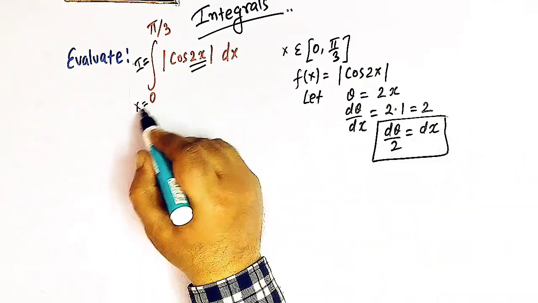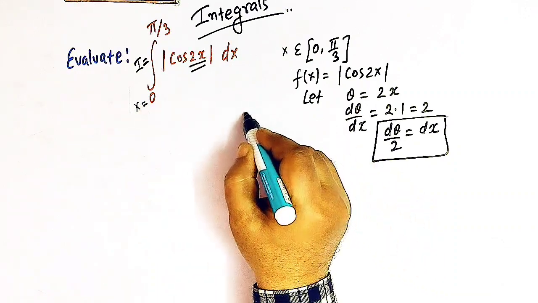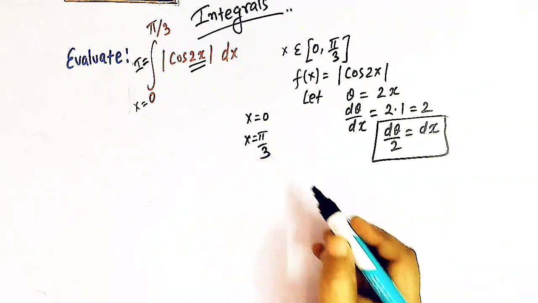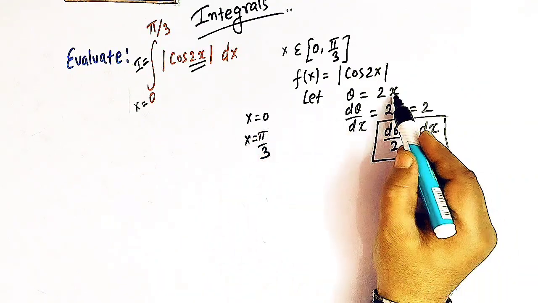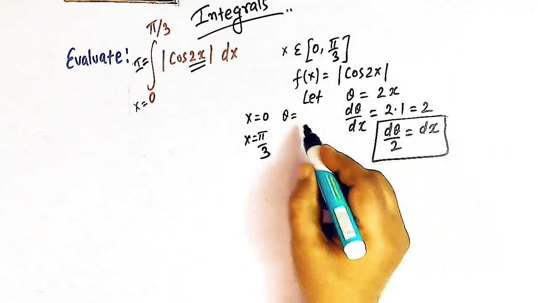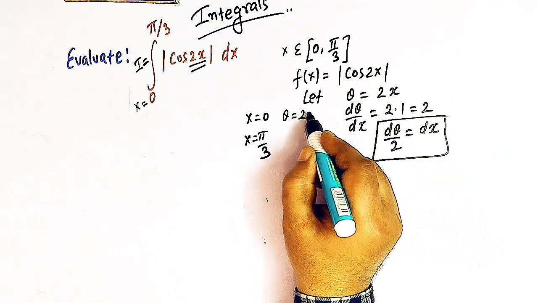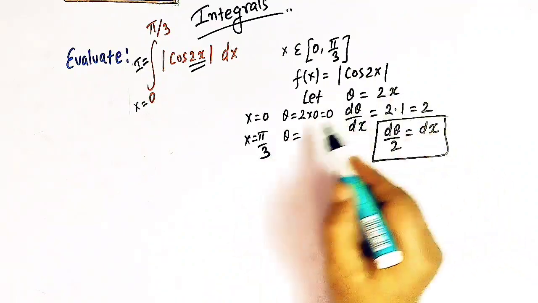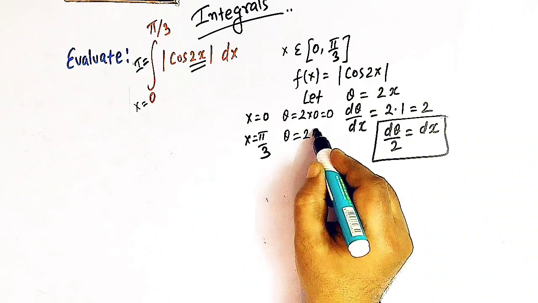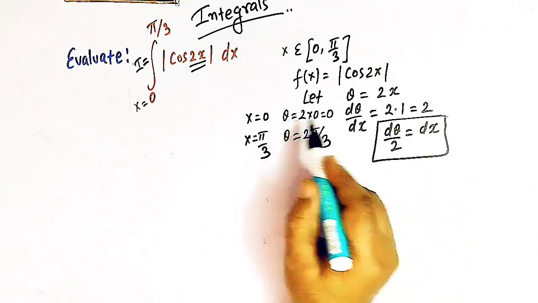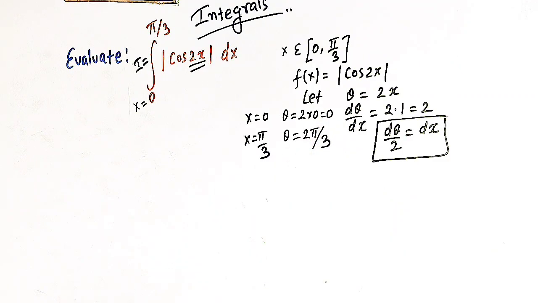Now, the limits of integration are from 0 to pi by 3. So when x is 0, then the value of theta may be obtained by using this relation. So we have 2 times 0 is equal to 0. And here, when x is pi by 3, we have theta is equal to 2 pi by 3. So theta goes from 0 to 2 pi by 3.